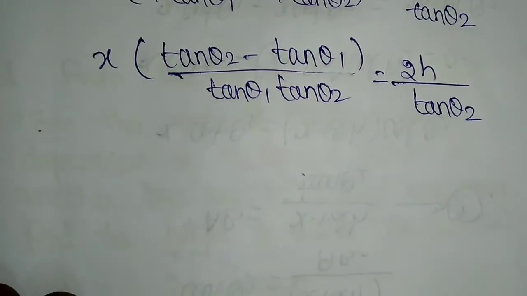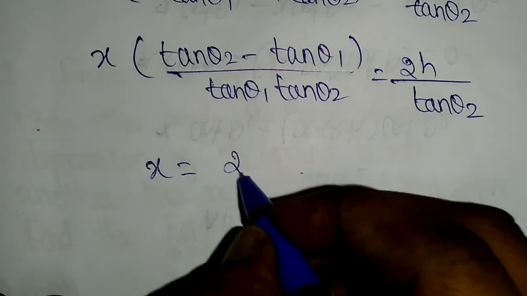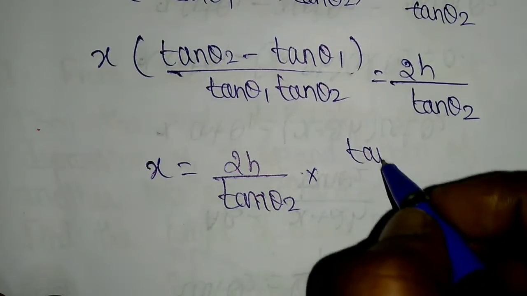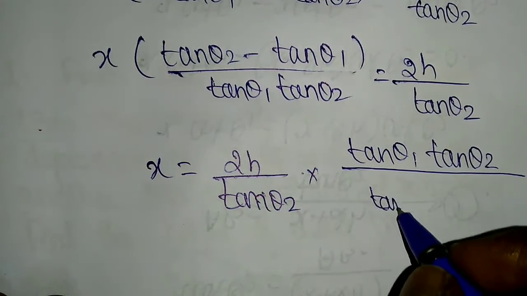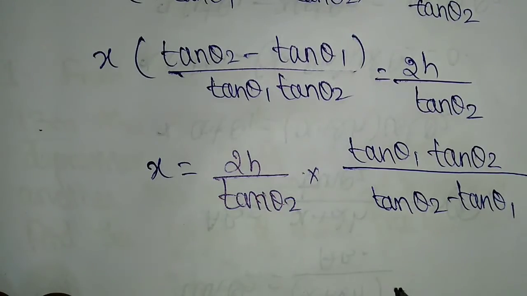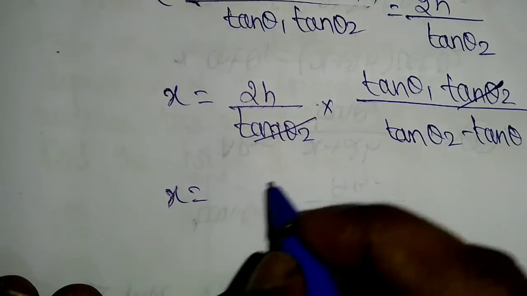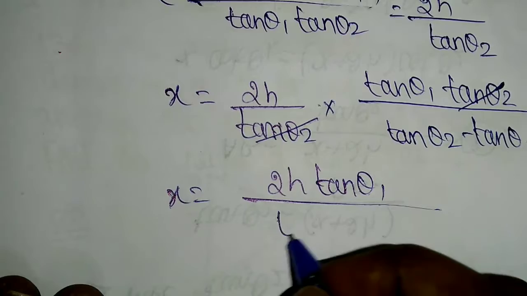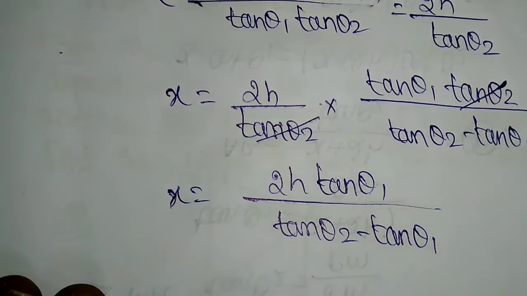Now here we get X is equal to 2H divided by tan theta 2, into tan theta 1 into tan theta 2 divided by tan theta 2 minus tan theta 1. Okay, tan theta 2 cancel. Here we get X is equal to 2H tan theta 1 divided by tan theta 2 minus tan theta 1.